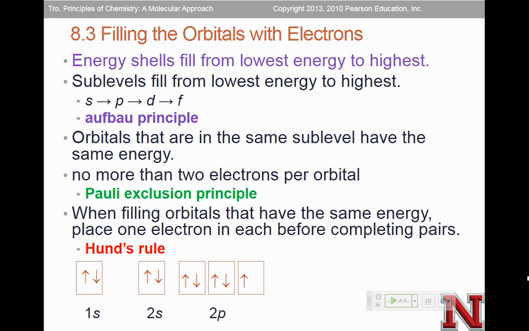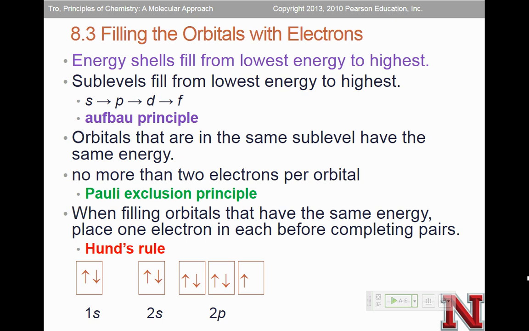So when you're filling them, let's say we're filling oxygen. Oxygen has a total of 6 electrons. I already filled these 4. If I don't follow Hund's rule, then I would do this, and that's not actually how oxygen bonds.